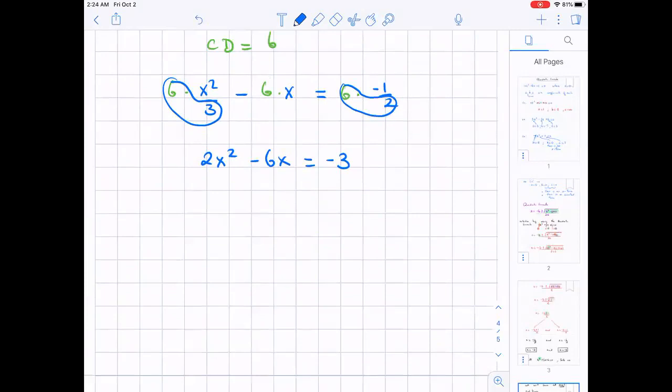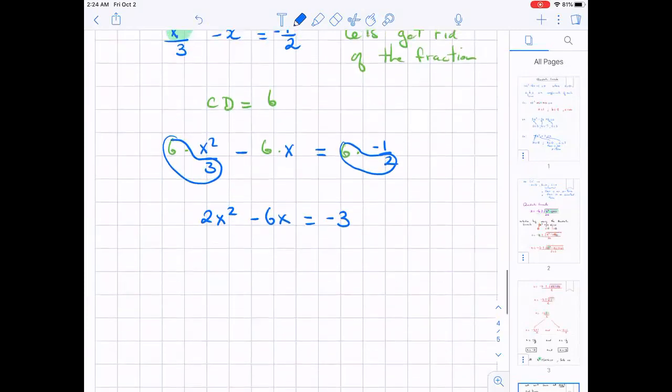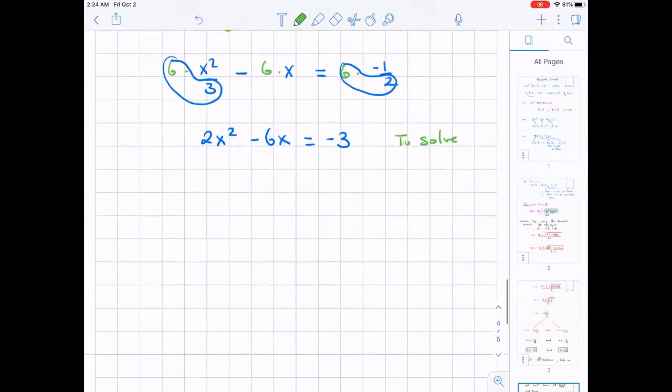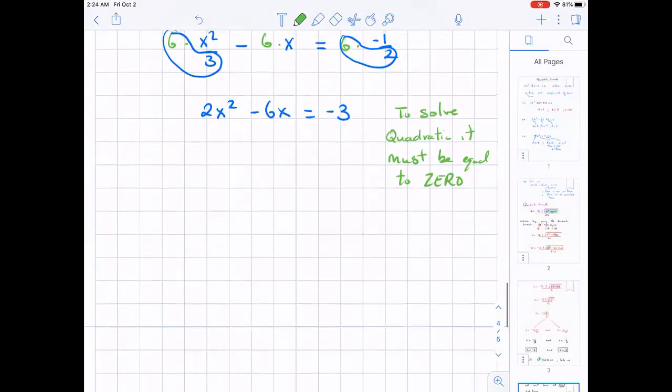Now to solve a quadratic, it must be equal to 0. So we'll add 3 to both sides.